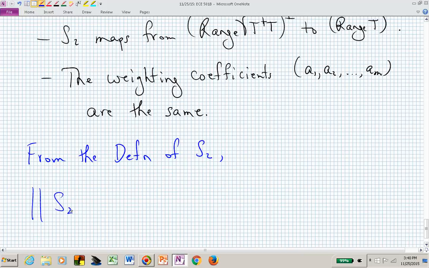We can look at the norm squared of S sub 2 on this vector A1 E1 plus up to A sub m E sub m. Let's say the square of that.